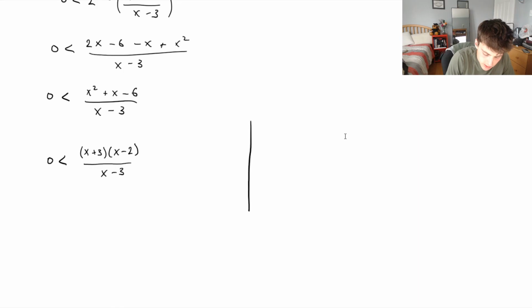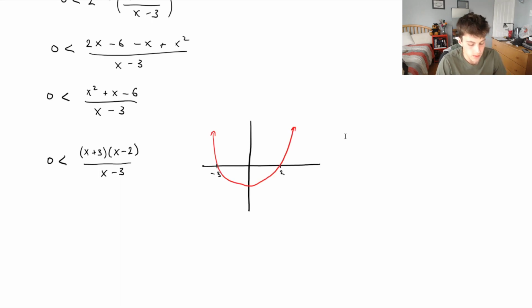And I personally like to visually look at this. So let's graph the quadratic on the numerator. We know that there are going to be roots at -3 and +2. And we know that the second degree term is positive, so it's going to be shaped like this.